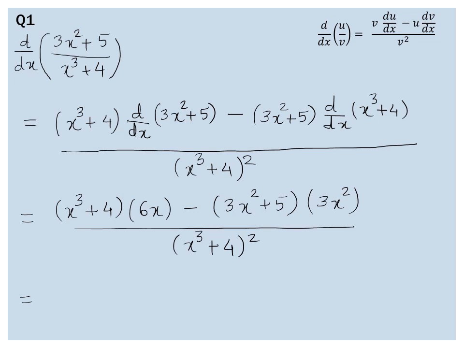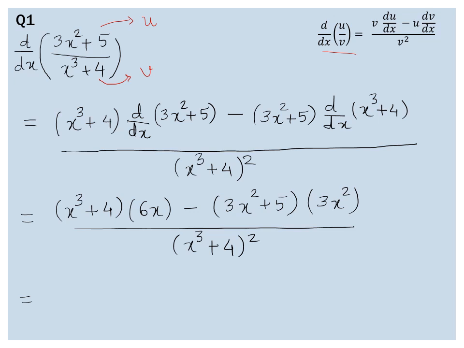Let us take an example where we need to find the derivative of (3x square plus 5) upon (x cube plus 4). Here, comparing with this formula, we get 3x square plus 5 as u and x cube plus 4 as v.